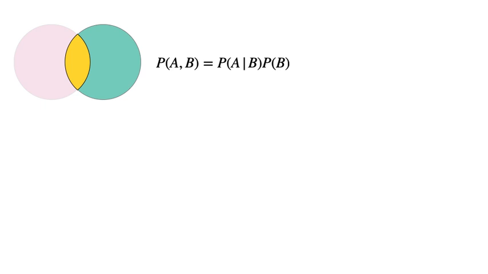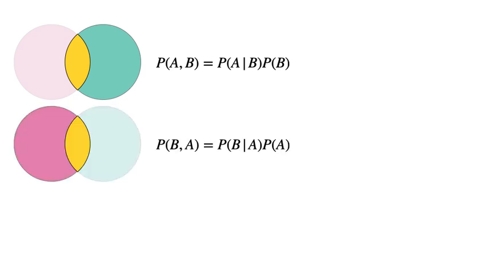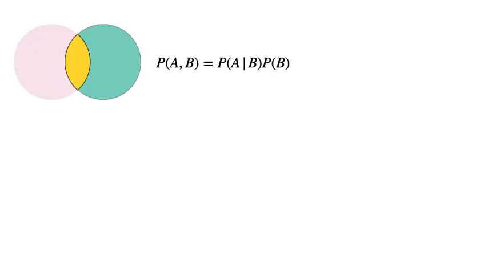Okay, so here we're at. Probability of A and B is equal to probability of A given B multiplied by the probability of B. This was the viewpoint where we started with B happening and we conditioned A given B has happened, right? We got to this intersection starting with B happening.